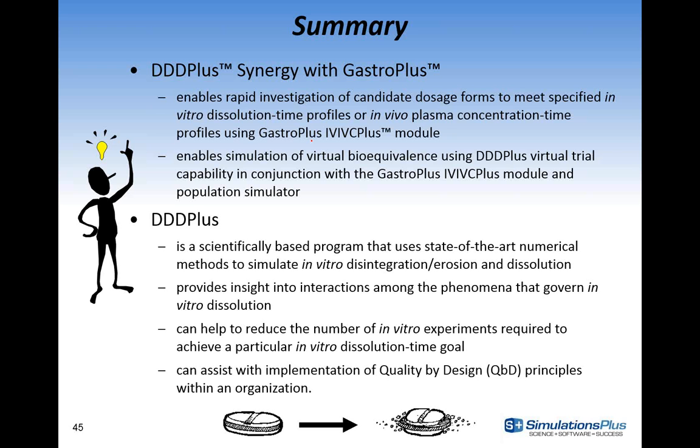So if you have a target PK endpoint, you can use the IVIVC module to predict the in vivo dissolution rate, and then use DDDPlus to define the content of your tablet to hit that in vitro dissolution. This enables simulation of virtual bioequivalence using the DDDPlus virtual trial capability in conjunction with the IVIVC Plus module on population simulator.